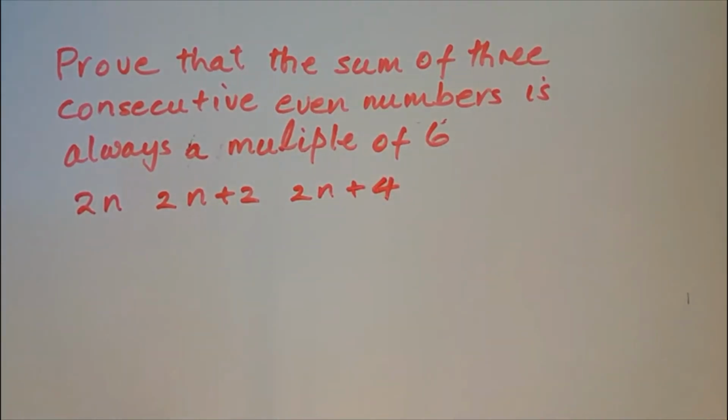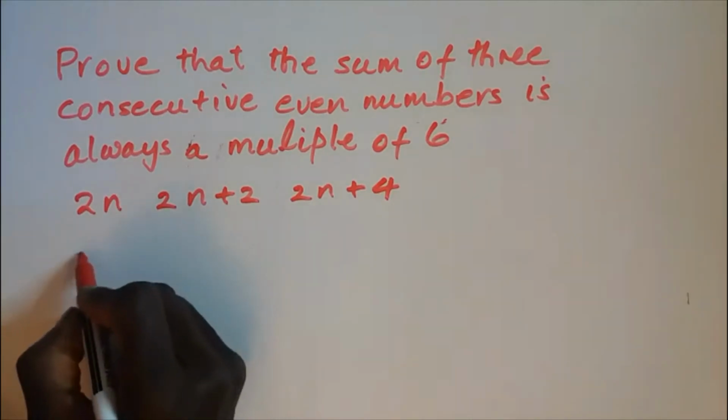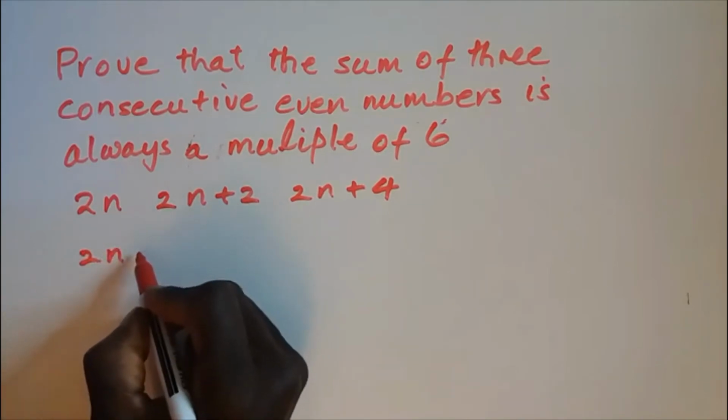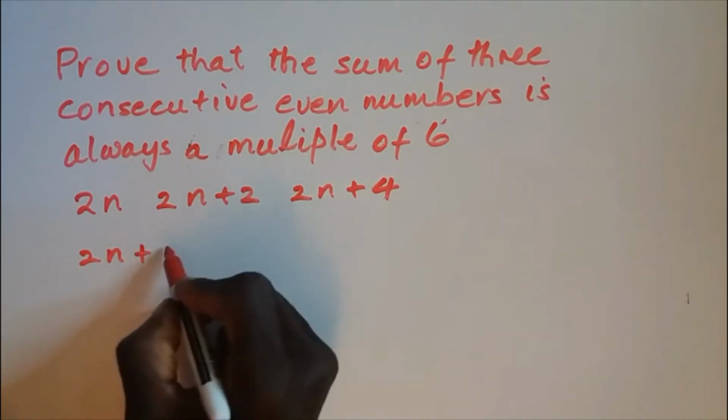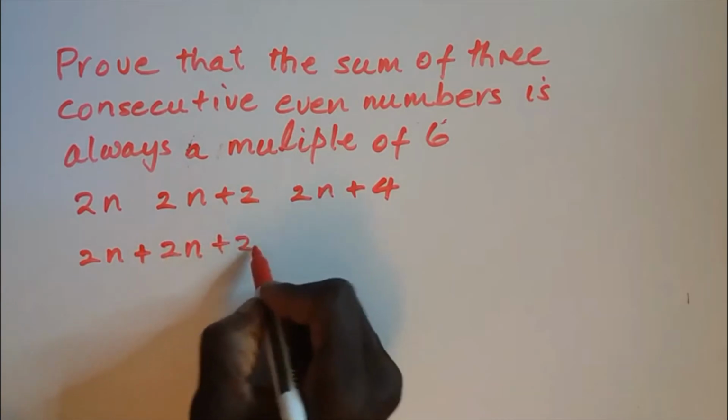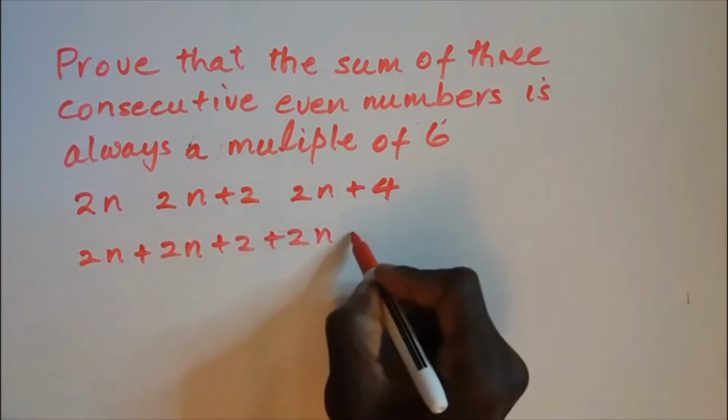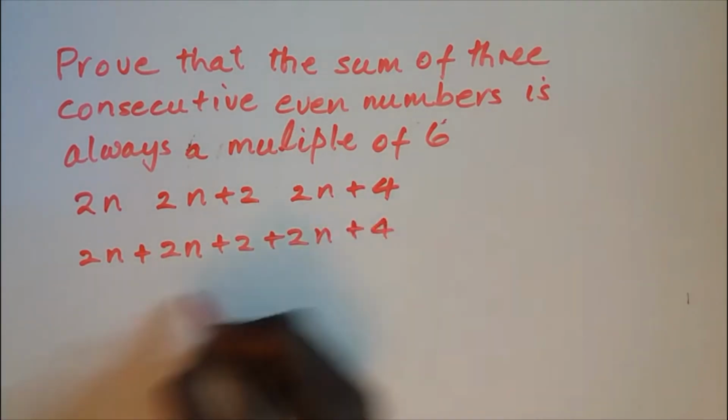So these are three consecutive even numbers. We need to show that the sum of these is always a multiple of 6. So we have 2n add 2n add 2 add 2n add 4.